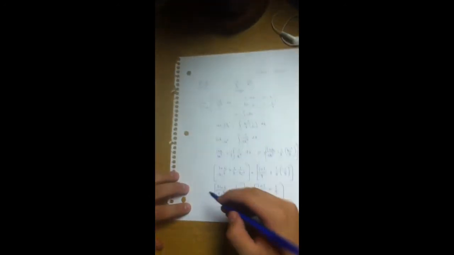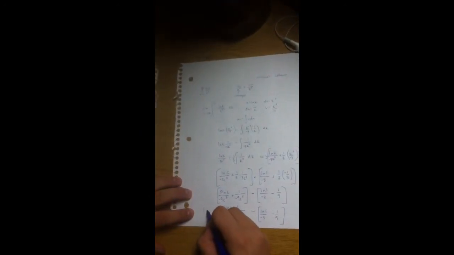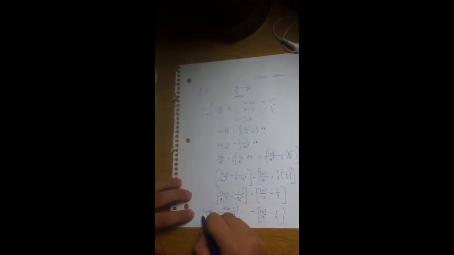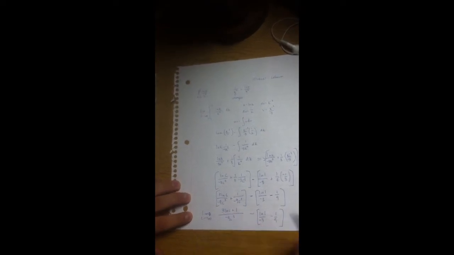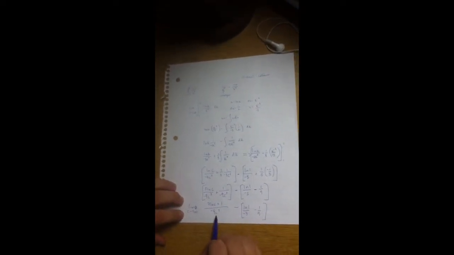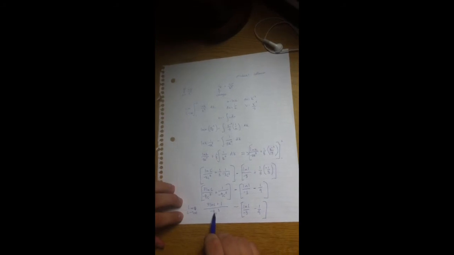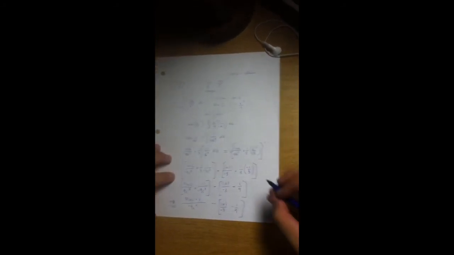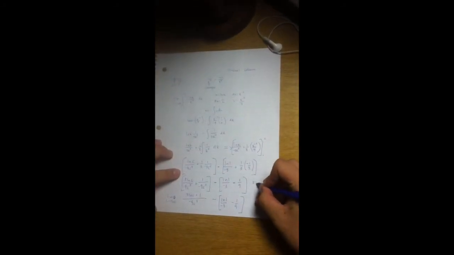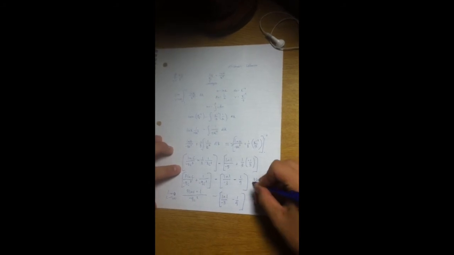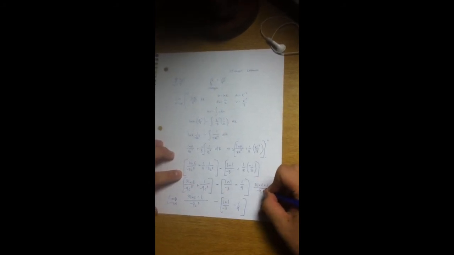We have to take the limit as c approaches infinity. If we plug in infinity into this, it is infinity over infinity, so we have to use L'Hopital. So 3 ln c plus 1 over negative 9c cubed.